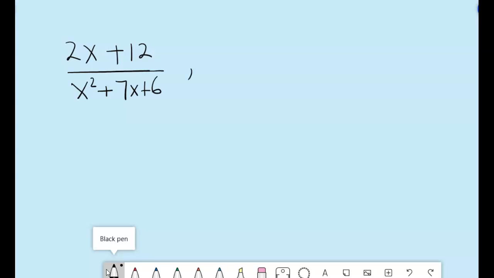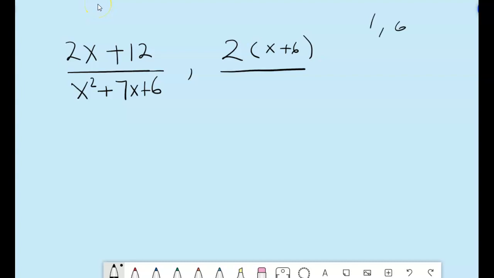Okay, so here we can look at the common factor because we are trying to simplify. So the common factor could be 2. So we bring 2 out, leaving x plus 6. And the factors of 6 are 1 and 6. You multiply, you get 6, and when we add it, we get 7. So that satisfies this equation down here.